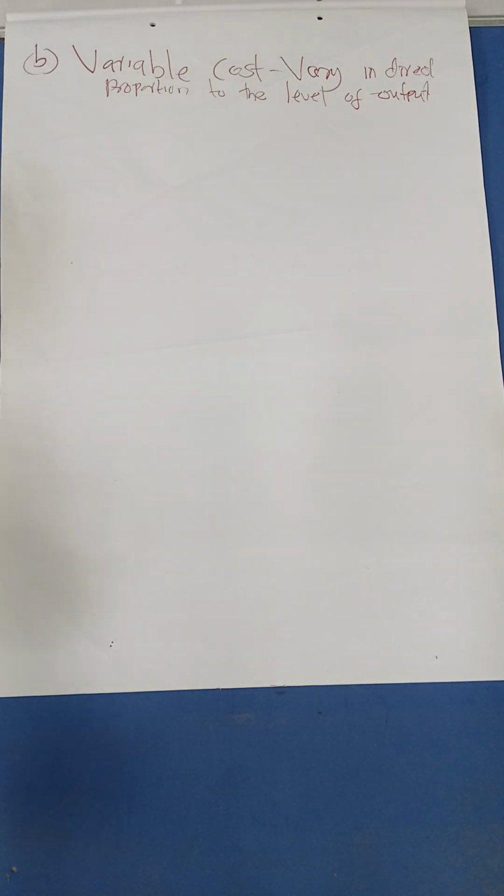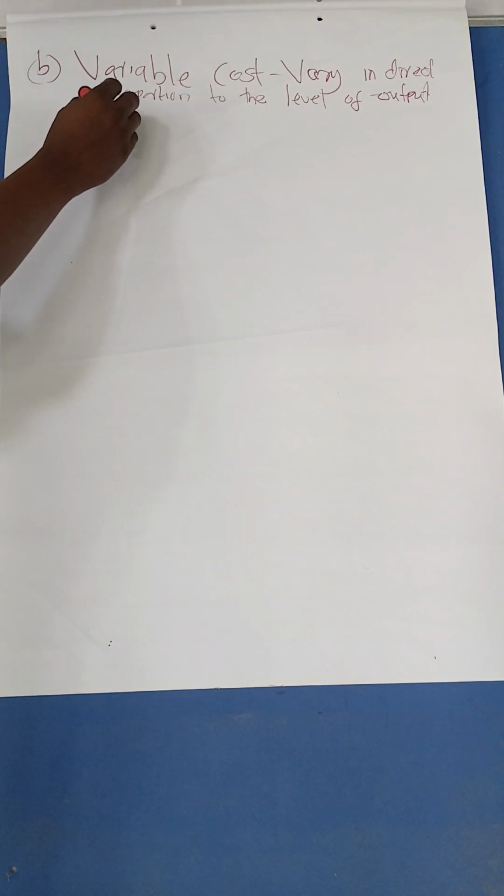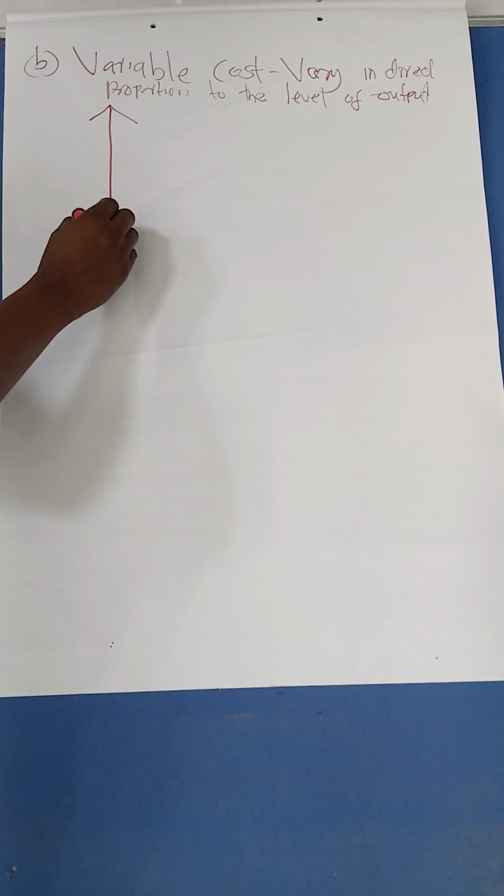They vary in direct proportion to the level or the output of the activities. They keep increasing or decreasing, and vice versa. Good. So when they have asked you to represent it using a diagram, it is very simple.